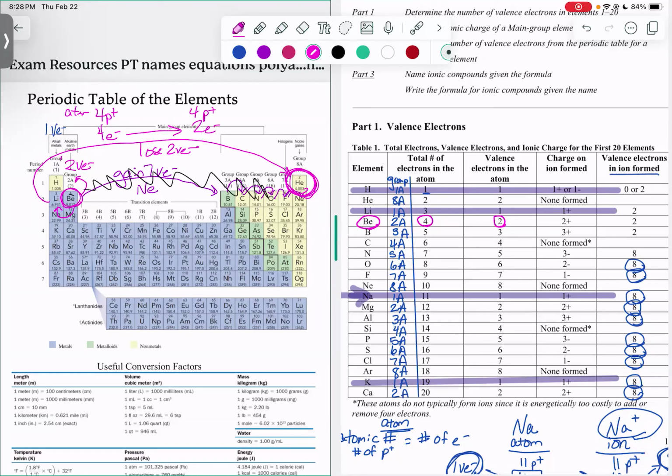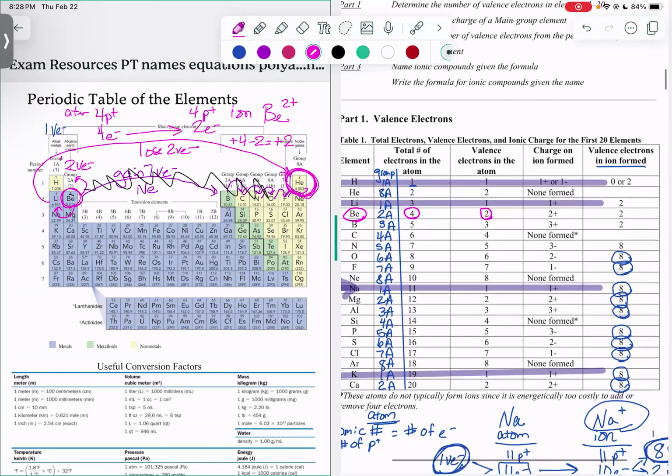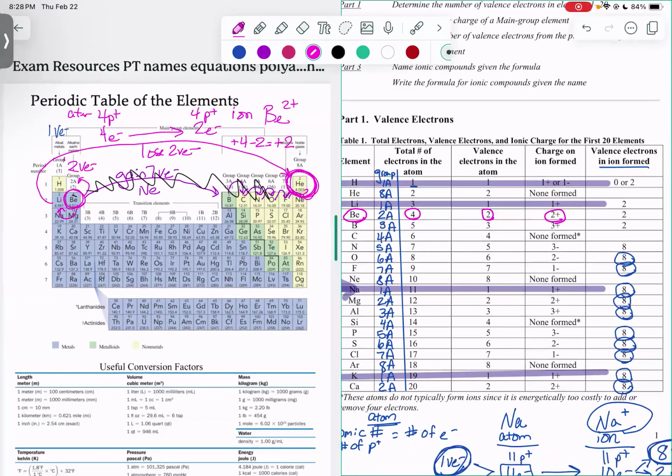So what's the charge of the ion going to be? Well, this is going to be beryllium 2 plus, because I have a positive 4 and a negative 2. That gives me a plus 2. So the charge on the ion is plus 2. Even though it doesn't have a complete octet, it does have a filled outer valence shell.